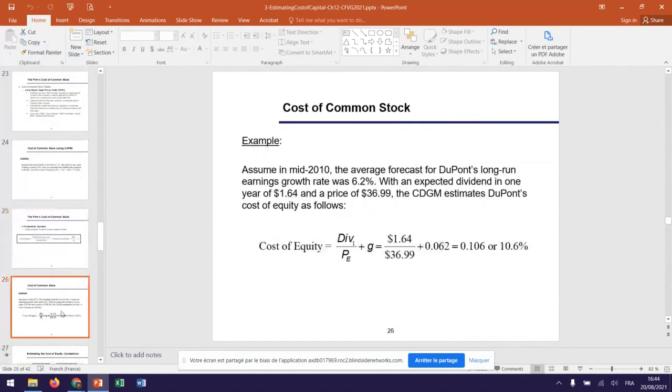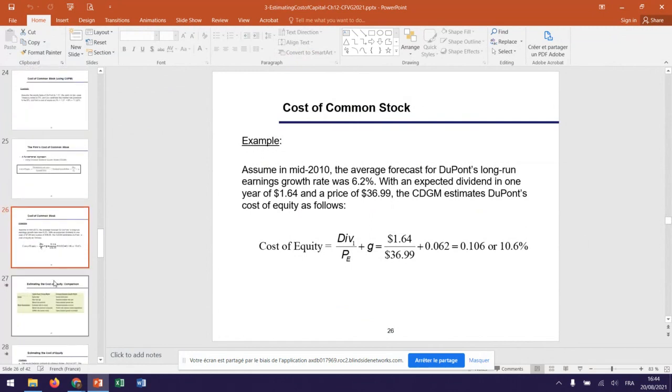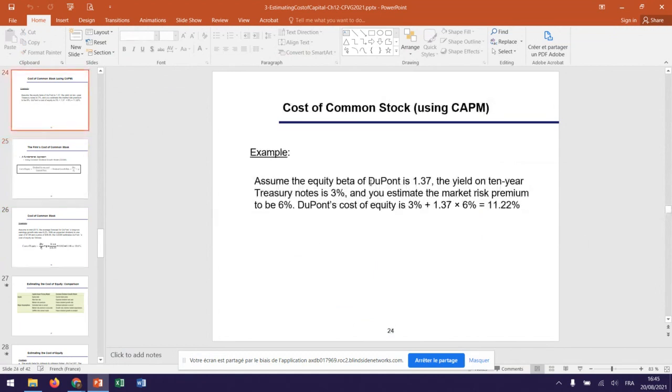For example, if the average forecast of DuPont long run earning growth rate was 6.2% with an expected dividend in 1 year of 1.64 and a price of 36.99, using this method I get a DuPont cost of equity of 10.6%. In the CAPM, I get 11.22%.